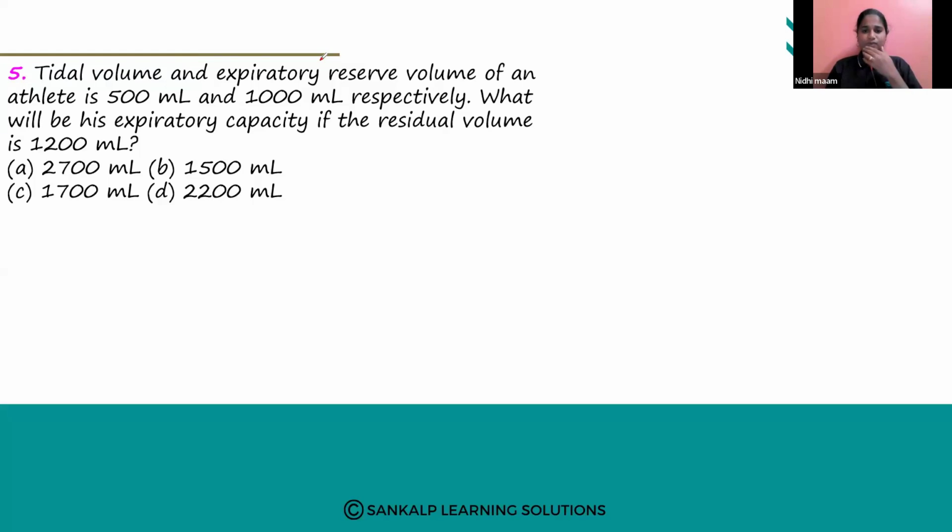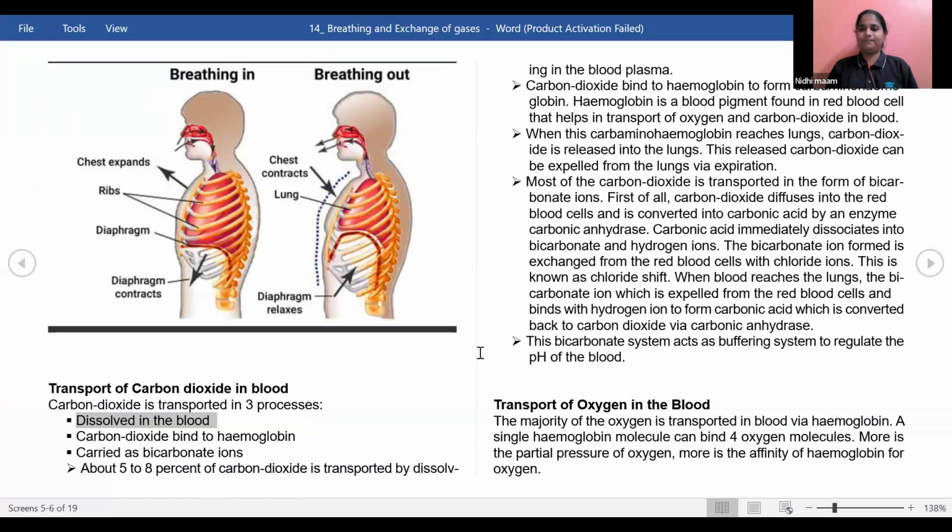Before that, let me check whether we have the concept of tidal and residual volume here.